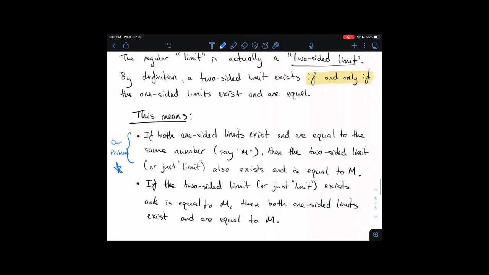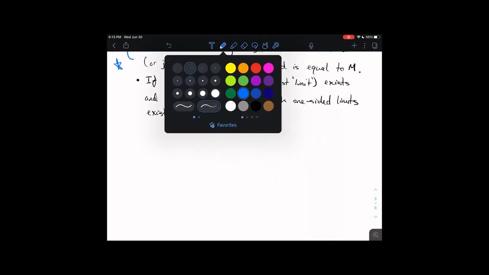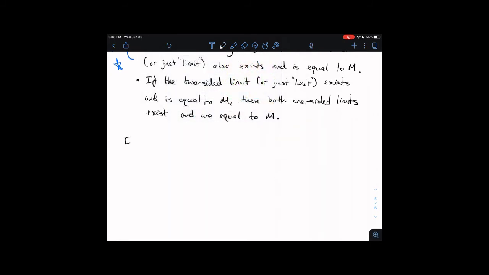If you want tips for evaluating limits, see page 140 in your text. This is basically the table.